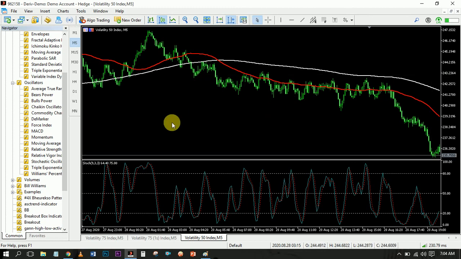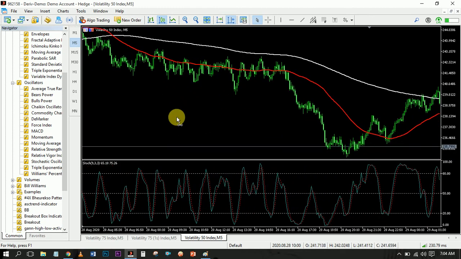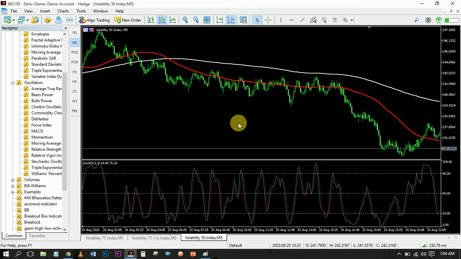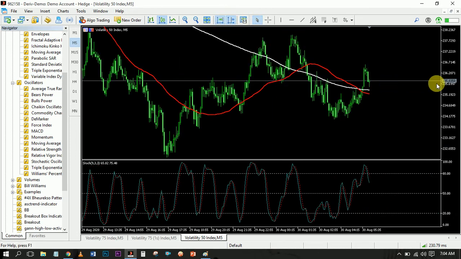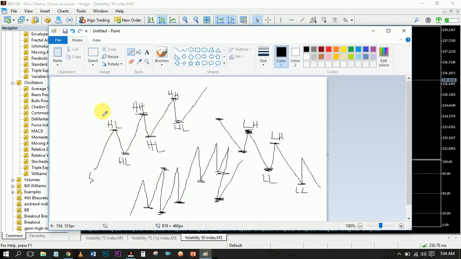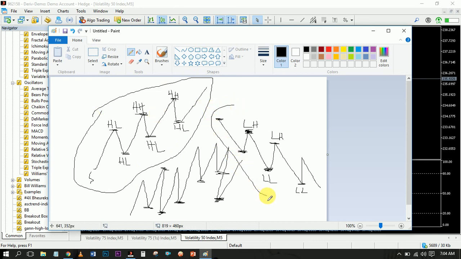So basically, the market will definitely show you what you need to know and tell you its direction. All you need to do is to understand the structure of the market, like I explained to you here, for an uptrend and a buy trend.